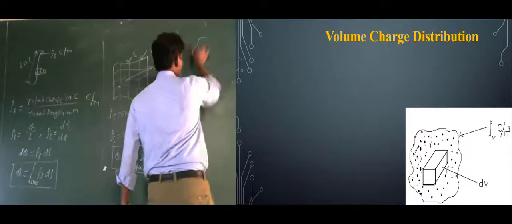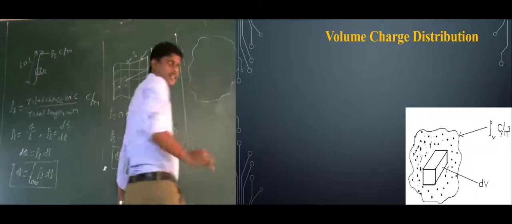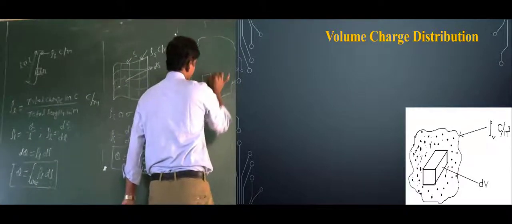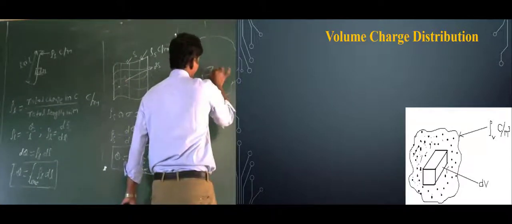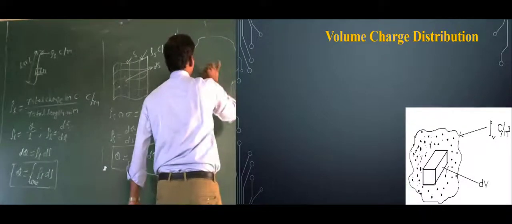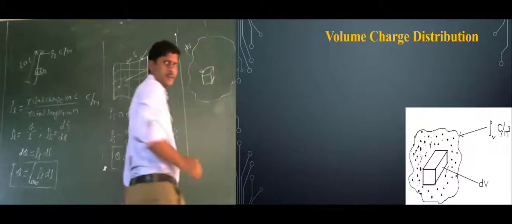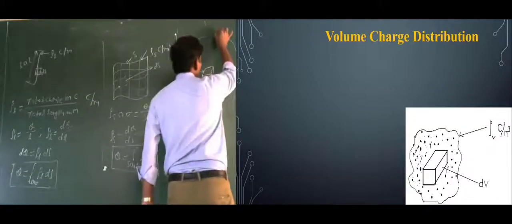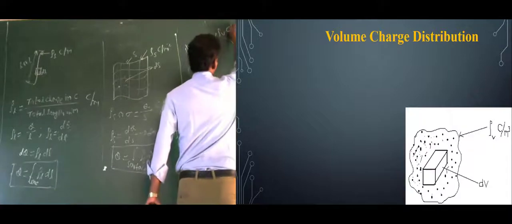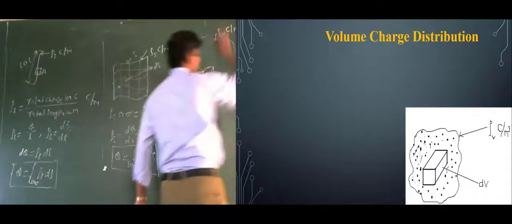Consider the region. This is the region. In that region, consider a differential volume, and this differential volume is dV. And the volume charge density is rho suffix v coulombs per meter cube.